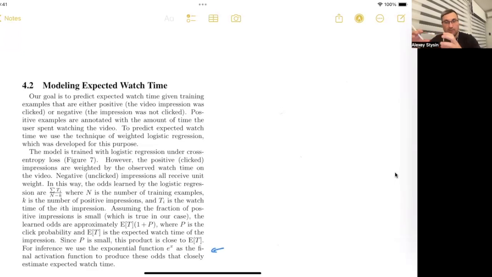So they are talking about click-through rate on the video recommendation snippets. Positive examples are annotated with the amount of time the user spent watching the video, and to predict expected watch time, we use the technique of weighted logistic regression, which was developed for this purpose.